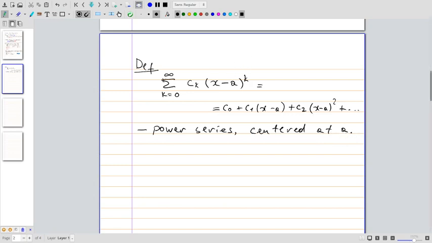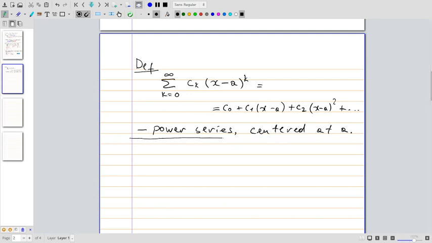So see what happened? Instead of writing c_k x to the k, we replaced x with x minus a, and so we have this shifted power series with a new center. It will be quite useful later on to consider power series with different centers. We'll see that it's going to be quite an important and nice modification.